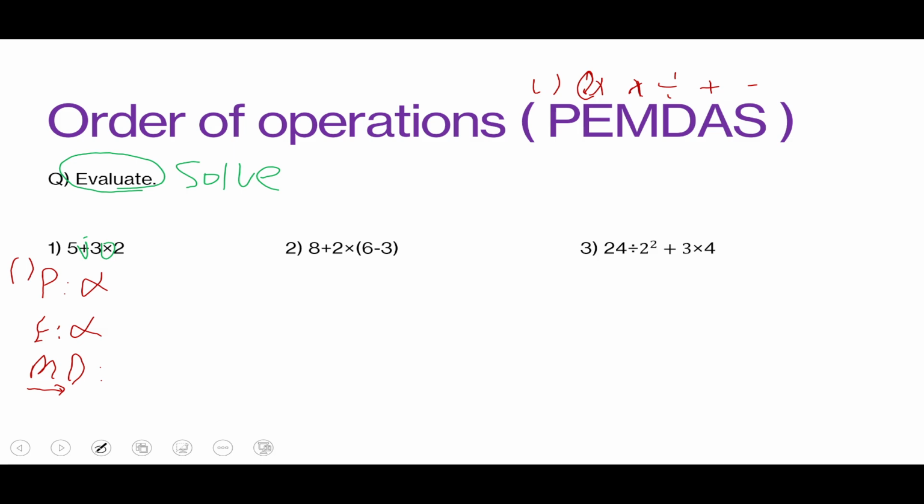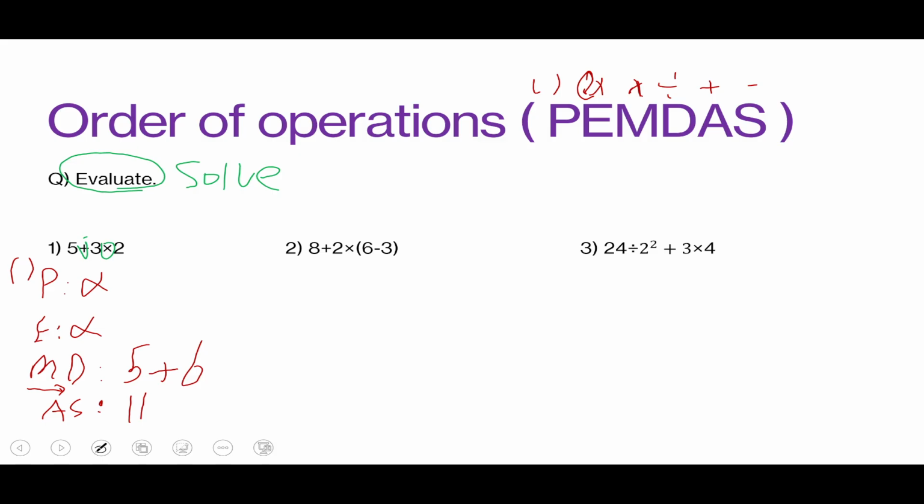We need to do the multiplication here. 3 times 2 is 6. I'll write 5 plus 6. Addition and subtraction is the same, in order from left to right, but in this step we just have 5 plus 6. 5 plus 6 is going to be 11.